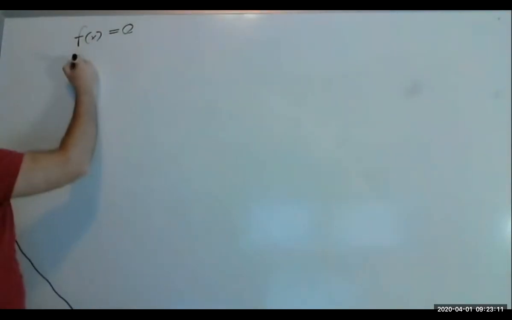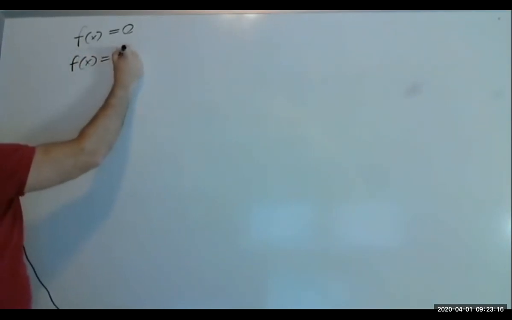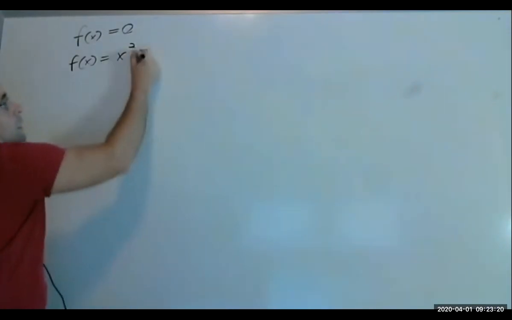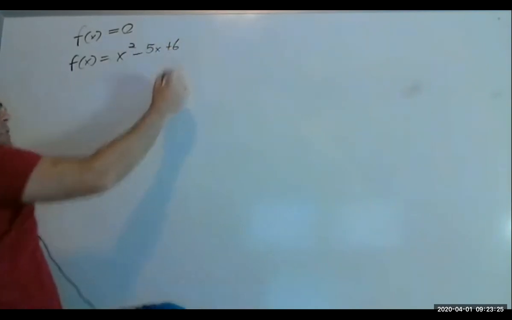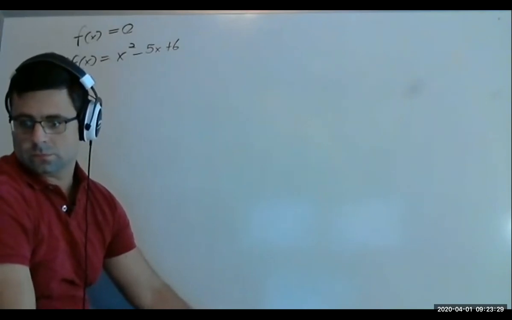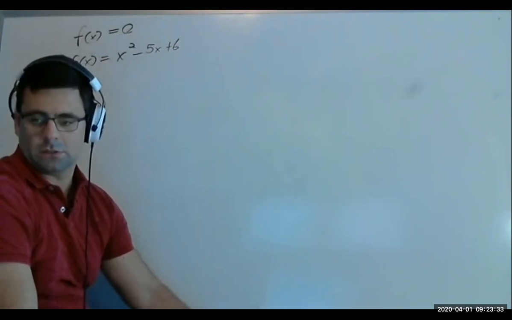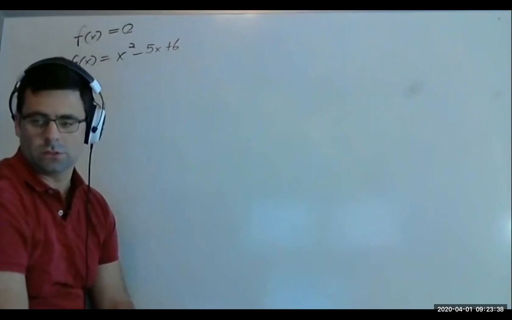So if f of x equals x squared minus 5x plus 6, we need to find where this thing equals 0.